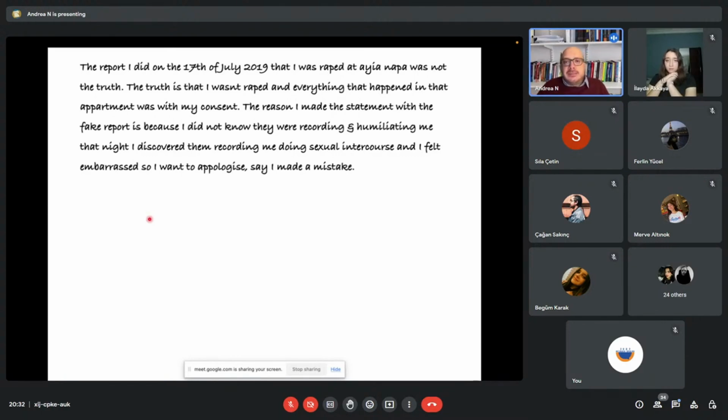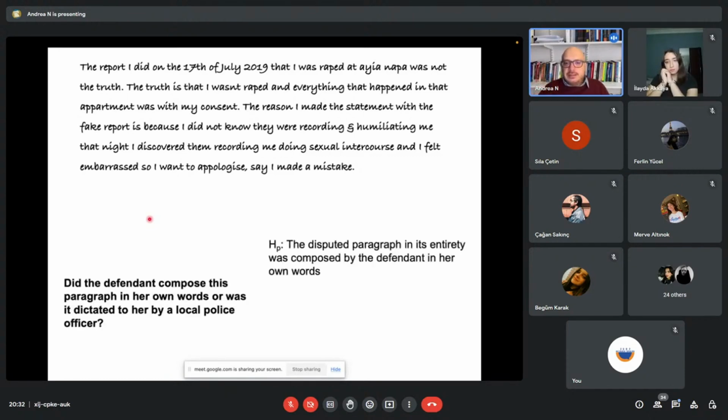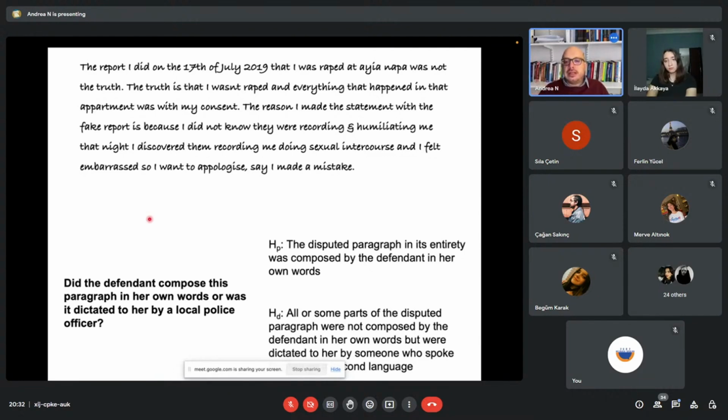There are no other statements of this kind that she has ever written. So in practice, this is a profiling case because the question is the profile of this person, so is the defendant composed this paragraph, which means is this paragraph consistent with a profile like the one of the defendant, or is it more consistent with the profile of someone who spoke English as a second language?